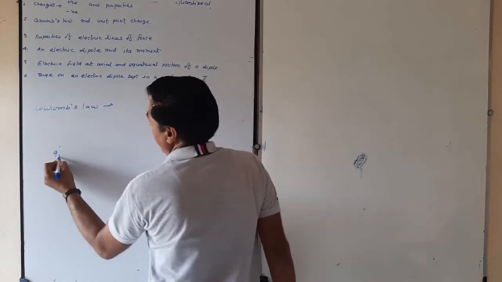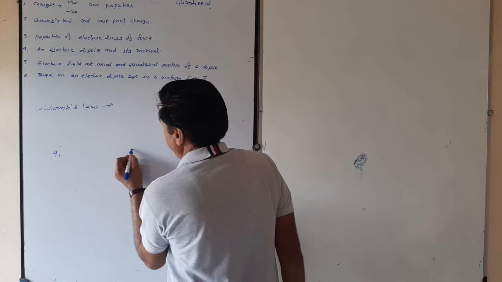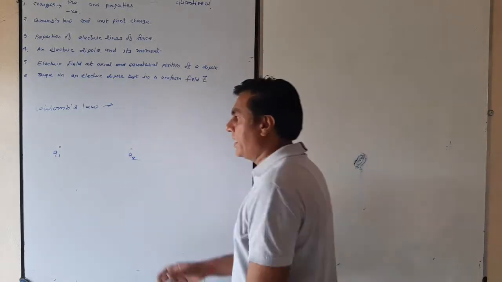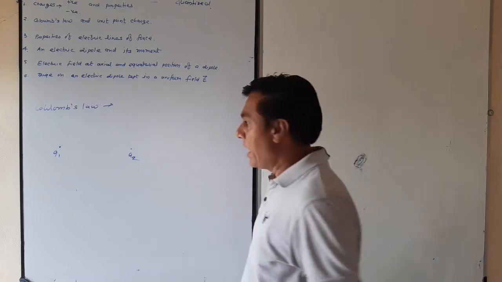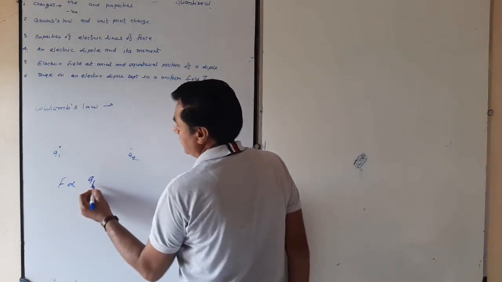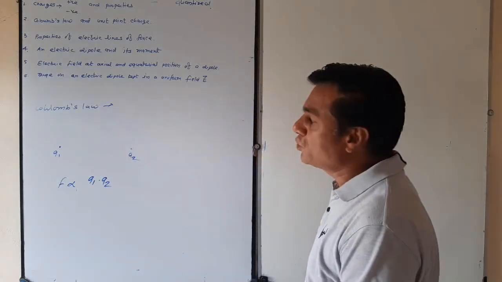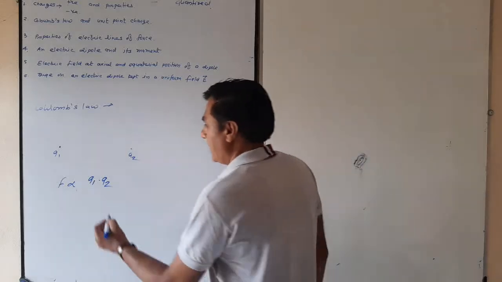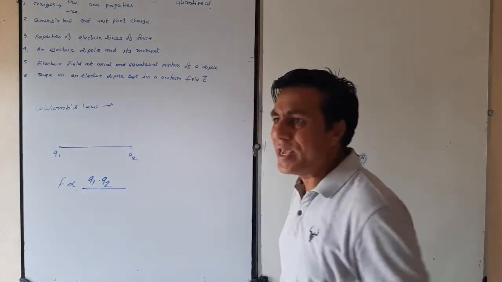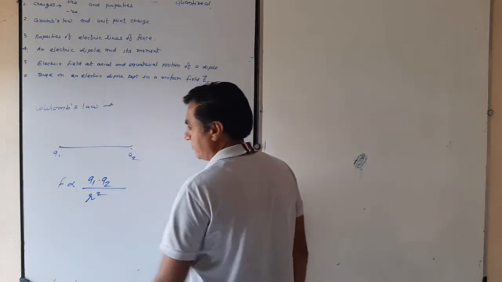If there are 2 point charges, at point 1 Q1 and the other Q2, definitely there will be an electric force, and the electric force magnitude is directly proportional to the magnitude of those 2 point charges and inversely proportional to the square of the distance between them, means R square.